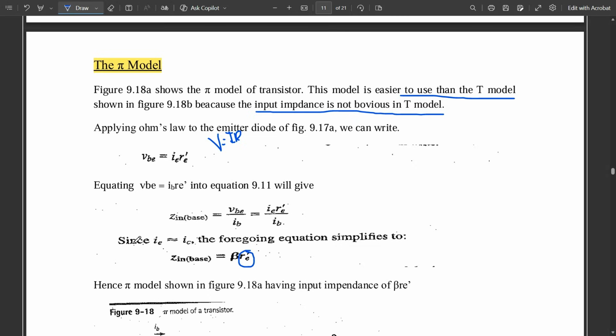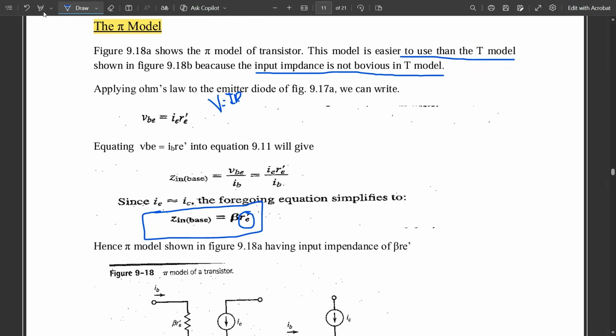Since we know that IE is approximately equal to IC, the collector current and emitter current, in DC as well as AC, are nearly the same. The foregoing equations simplify so that the final equation for Z in base is equal to beta into RE dash. Here IE gets replaced by IC, so beta is equal to IE divided by IB, or IC divided by IB.